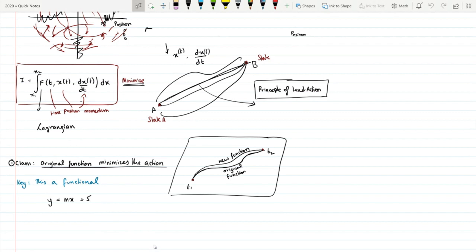But here, because it's a functional, to my original function, I'm going to add a new function. Is this clear to everyone? It's no longer just a constant. It can't be the number 5. It can't be a number a. It has to be some function whose form we don't know. Is this clear? That's the reason that we call this calculus of variations, because we're working to find the function that satisfies our conditions and our demands.